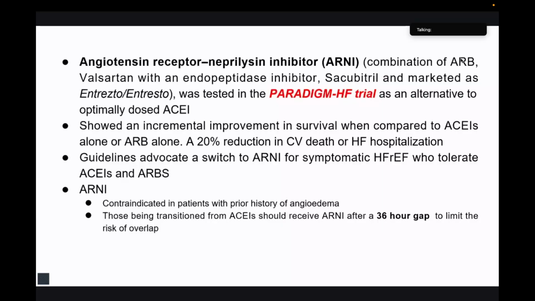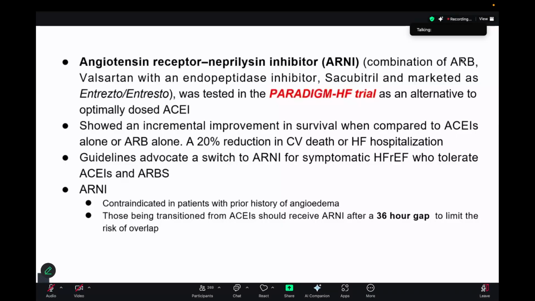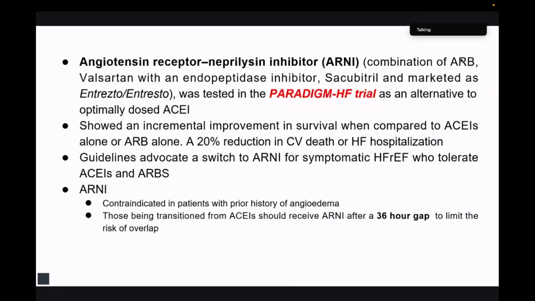From the PARADIGM-HF trial, it showed an incremental improvement in survival when compared to ACE inhibitors alone or ARB alone. There was a 20% reduction in cardiovascular death or heart failure hospitalization. Hence, guidelines advocate a switch to ARNI for symptomatic HFrEF treatment, especially in those who tolerate ACE inhibitors and ARBs.